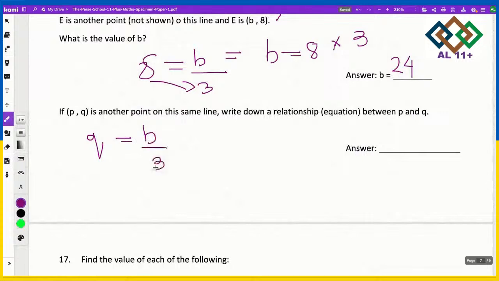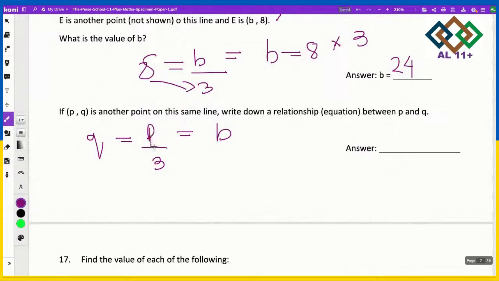It's P and Q, oh, I just got confused with the previous one.